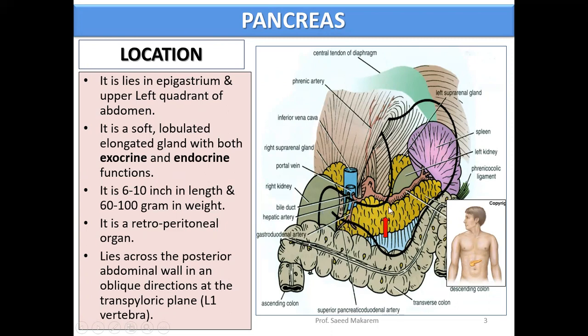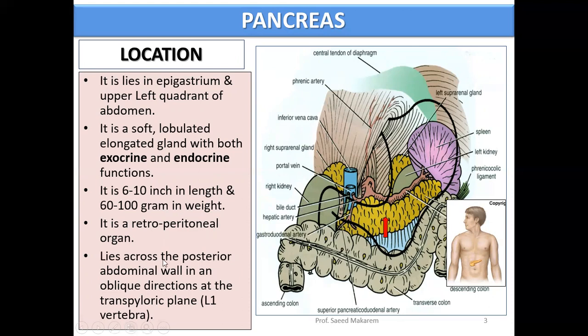It is almost 6 to 10 inches in length, if you measure from the head up to the tail, and weighs around 60 to 100 grams. And it is retroperitoneal. Retroperitoneal means it is behind the peritoneum.